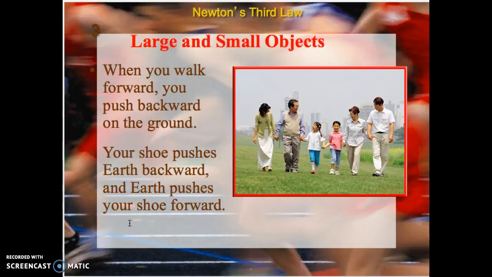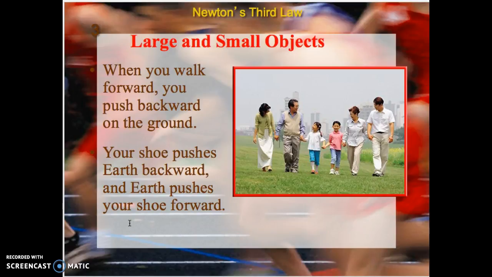They did mention in the one video that your shoe or your bicycle pushes down into the earth, and because the earth is so big, the earth doesn't actually move, but it gives you the sense of large objects and small objects. So when you walk forward, you actually push backwards on the ground. The earth is so big that it's not going to move, but the earth then pushes you forward.